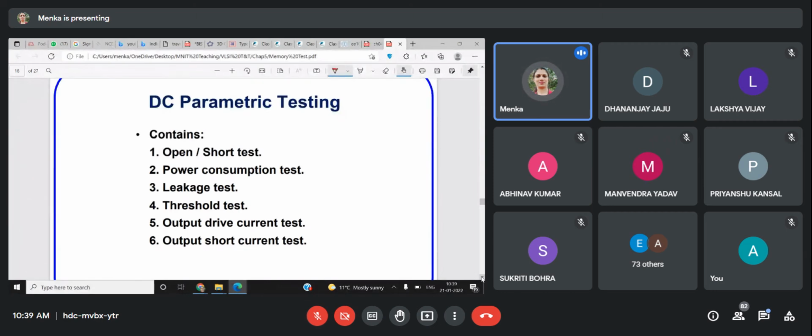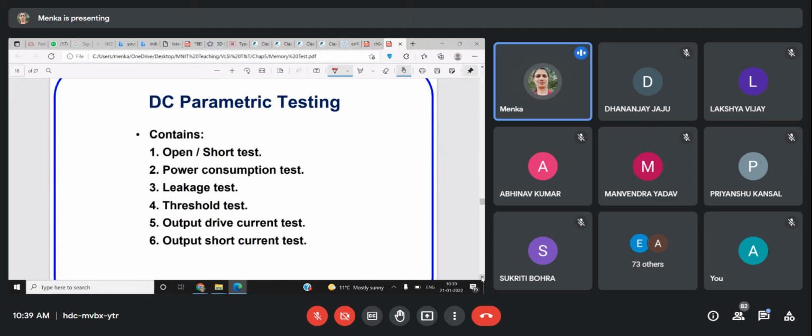So these were the different types of faults. Now DC parametric testing: open circuit and short circuit testing, power consumption testing, leakage testing, threshold testing, output drive current test, output short circuit drive current and short circuit current test. These are the DC parametric tests we'll be doing for the memory.